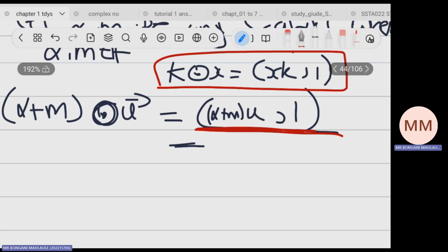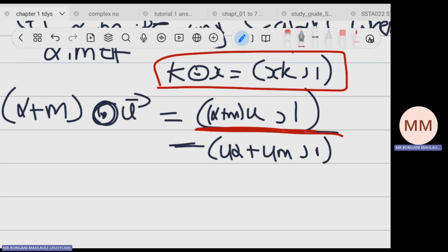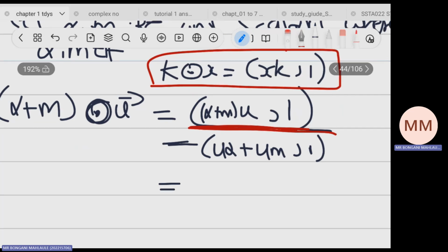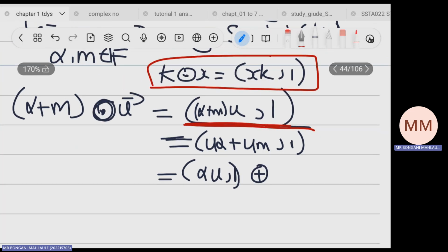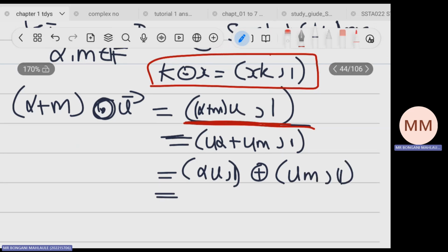Then now we can multiply with our u. You'll have u times alpha plus m, 1. So this will be the same as alpha u, 1 plus, when we distribute, alpha m and 1, by the distribution property.